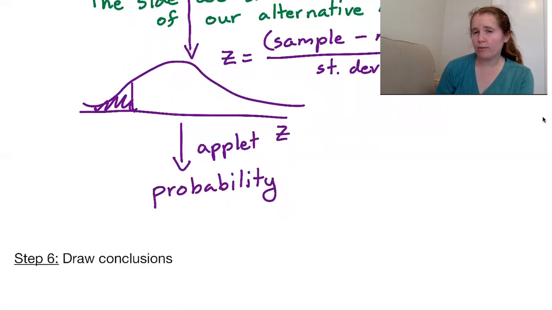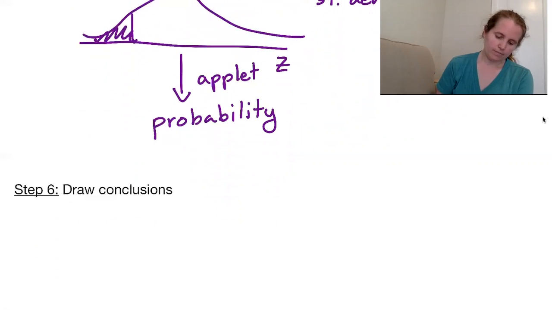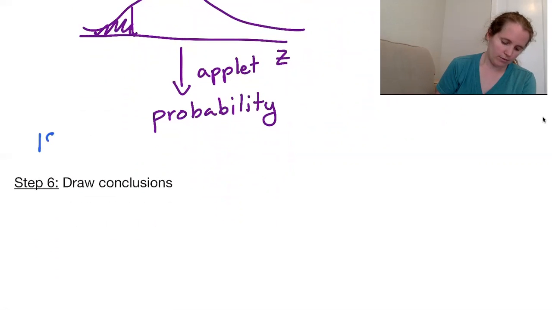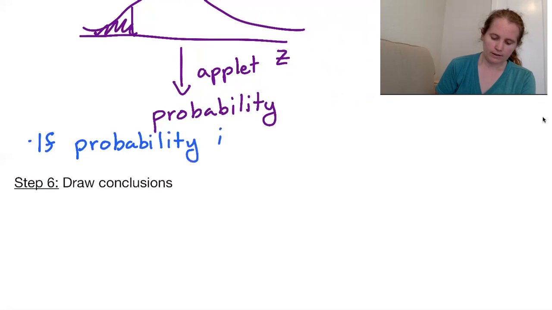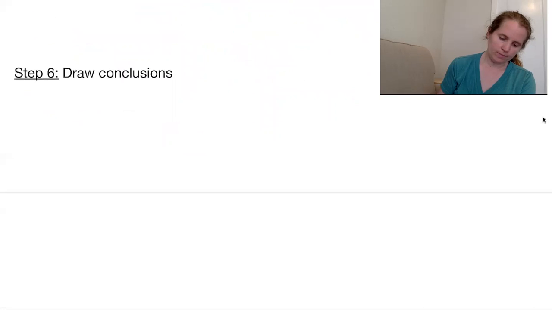Typically, we deem 5% as our cutoff. So if the probability is less than 5%, then we consider this to be a surprising sample.